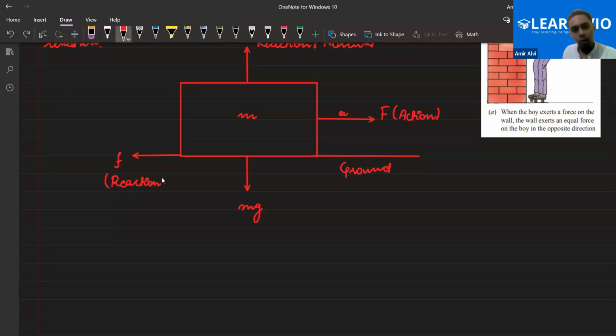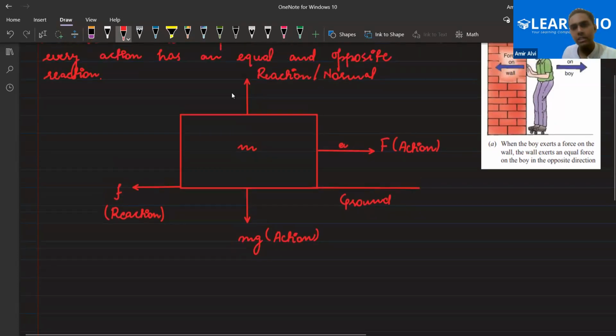Okay, and if we talk about the mass or weight, so for this, this is the action. Okay, and this is the reaction.